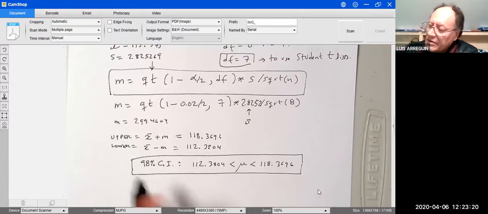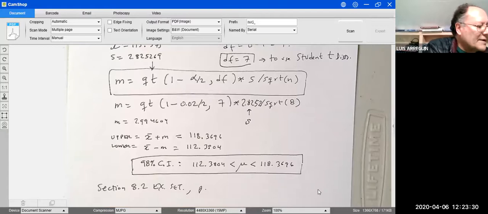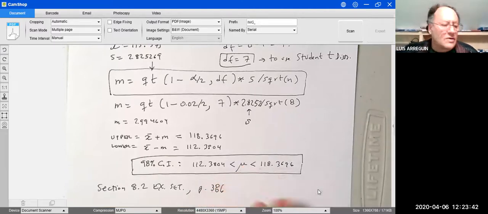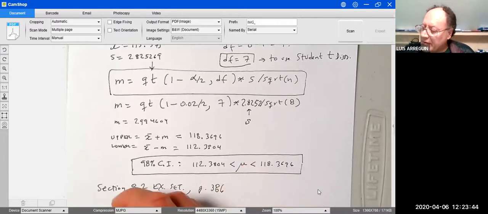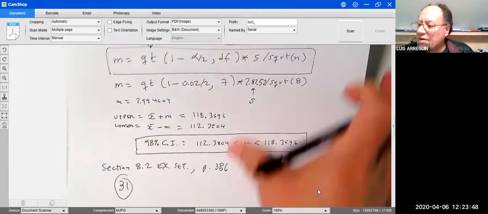So finally, you're going to solve from section 8.2 exercise set on page 386. You're going to solve two problems. You're going to solve problem 31.